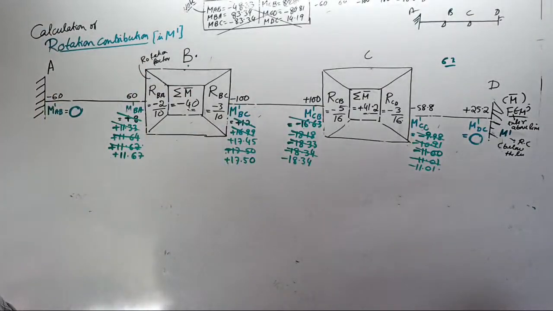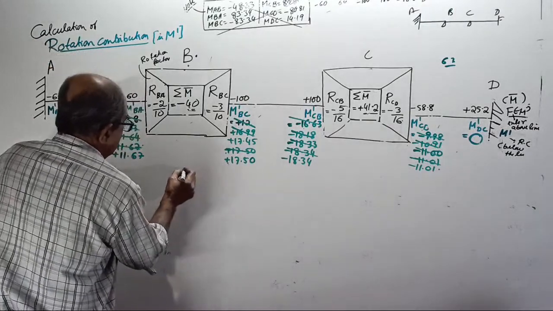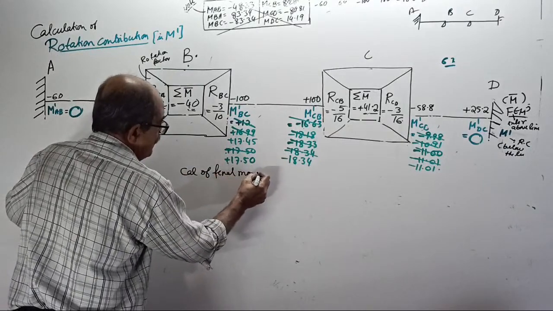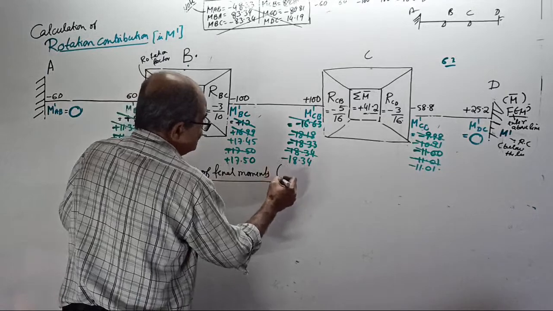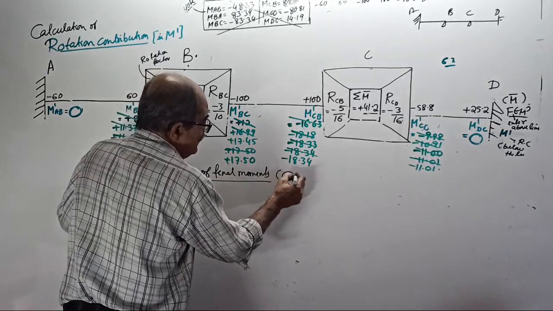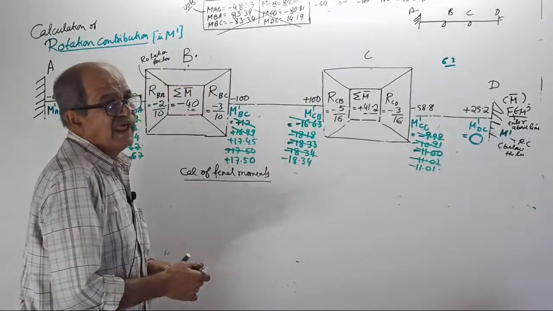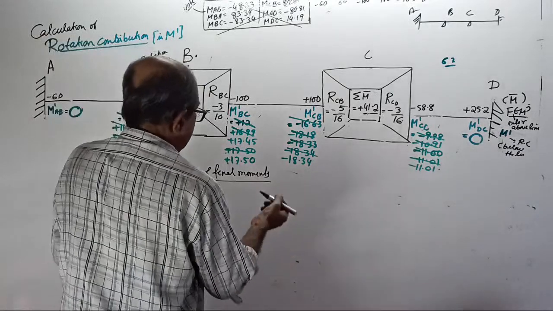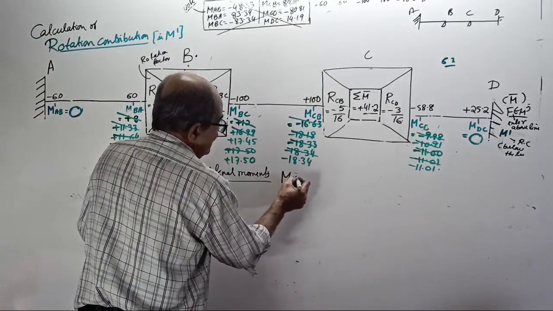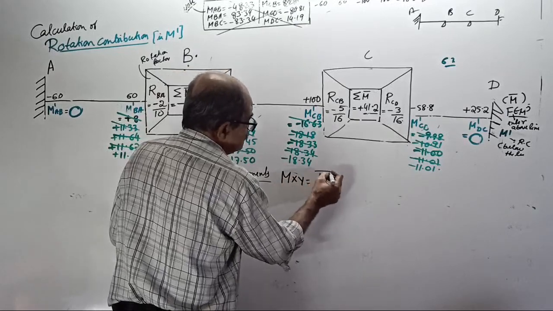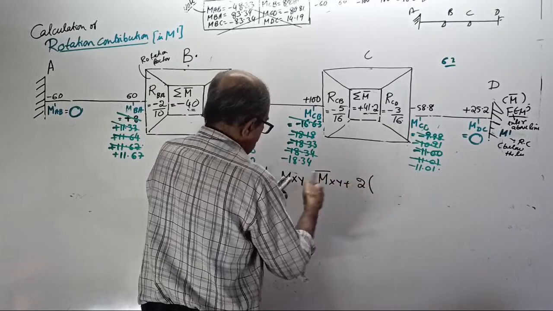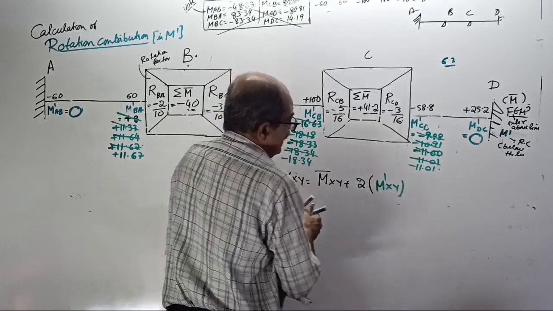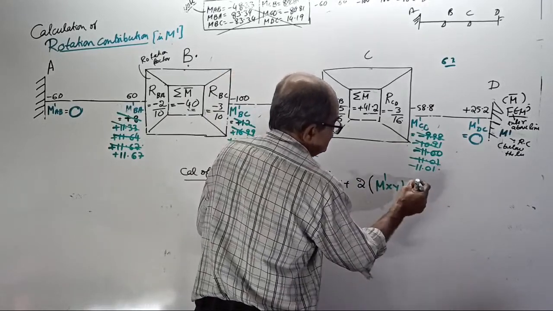Remember, last step: calculation of final moments. All values are now clockwise positive, or I will put the last term. Final moment. Remember, just to understand, I will write the statement here. MXY equal to M bar XY plus 2 times M dash XY plus M dash YX.